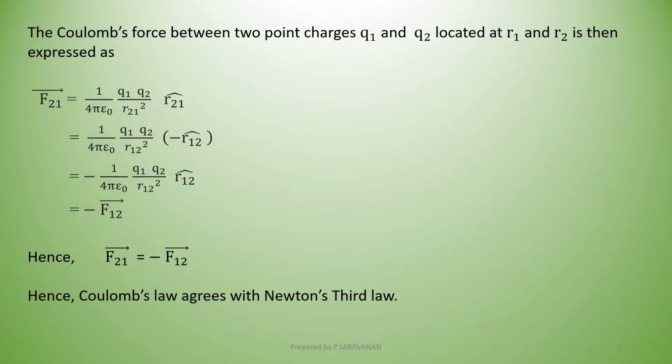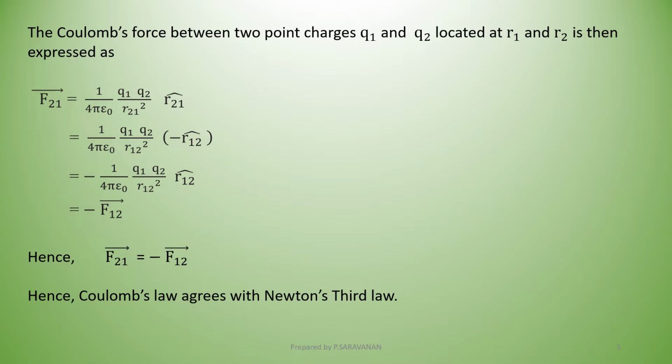This is also equal to 1 by 4 pi epsilon naught Q1 Q2 by R square 12 into negative of R cap 12. This is because the magnitudes R21 and R12 are equal. Only their directions are opposite. Hence, I can substitute R cap 21 is also equal to minus of R cap 12.